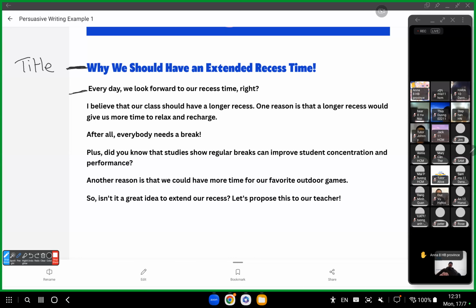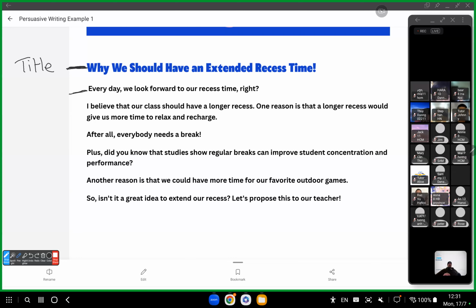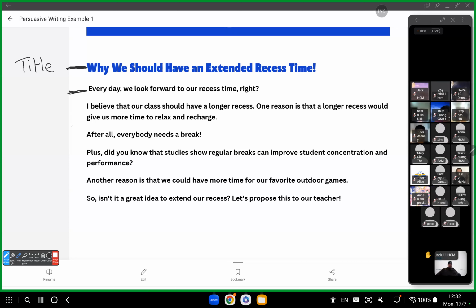It is a letter. The whole piece of writing is a letter. Very good. But this line here, Jack, I think I saw you had your hand up. What is this? I think it is the rhetorical question. Very good.